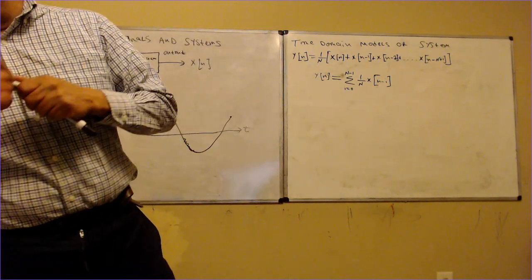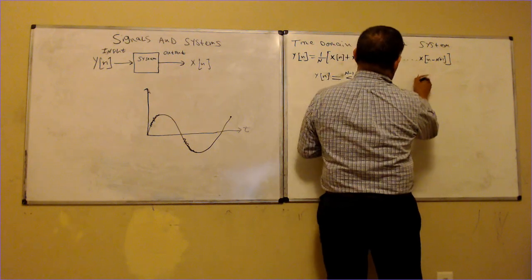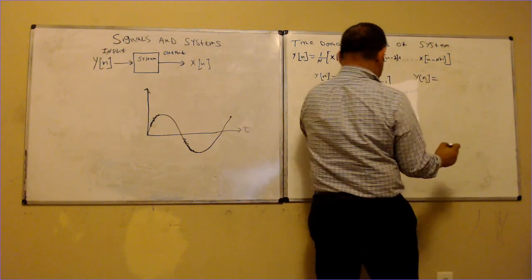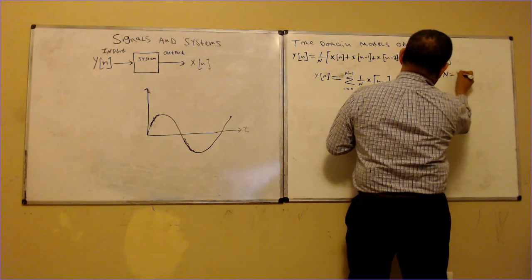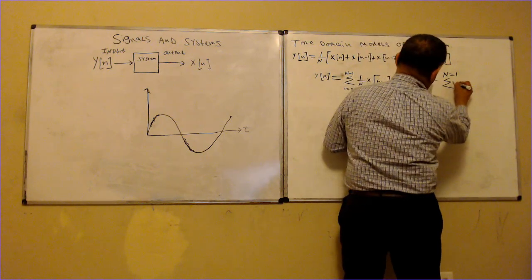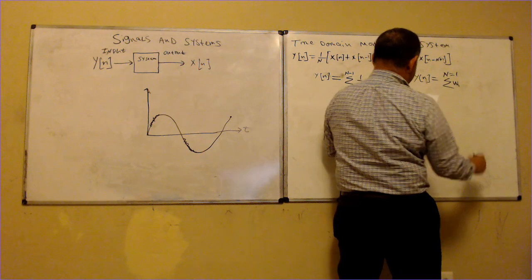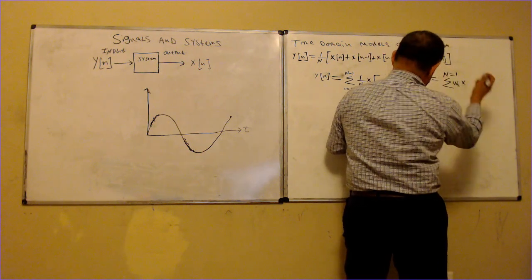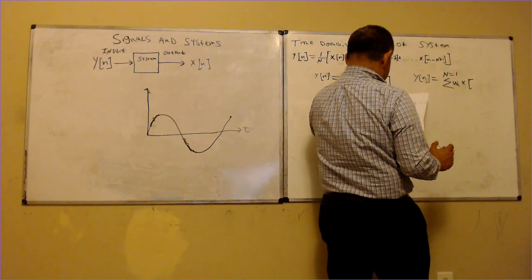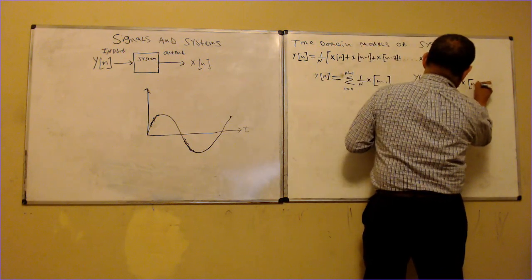That formula is going to be like this: y of small n is equal to the summation, from i equal to 1 to capital N, of W sub i times x of n minus 1.